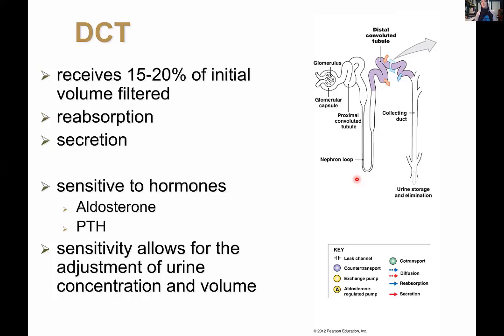So remember, aldosterone is going to act on the sodium-potassium pump to change its action and selectively hold on to more sodium at the expense of more potassium. And then, of course, parathyroid hormone is going to change the way that the kidney deals with calcium ions. So it's going to cause the kidney to retain calcium and move it into the blood at higher rates than it would if PTH was not circulating.